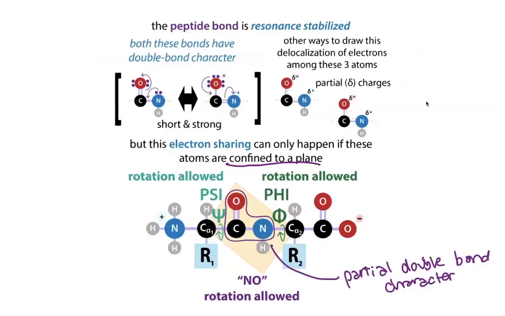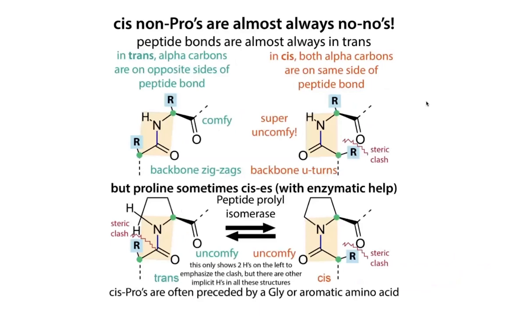So there are only a couple of places where you're actually allowed to rotate. This actual peptide bond is what's called the omega angle. We're not really going to see much about the omega angle, because there are only 2 main forms it can take: a cis form and a trans form.